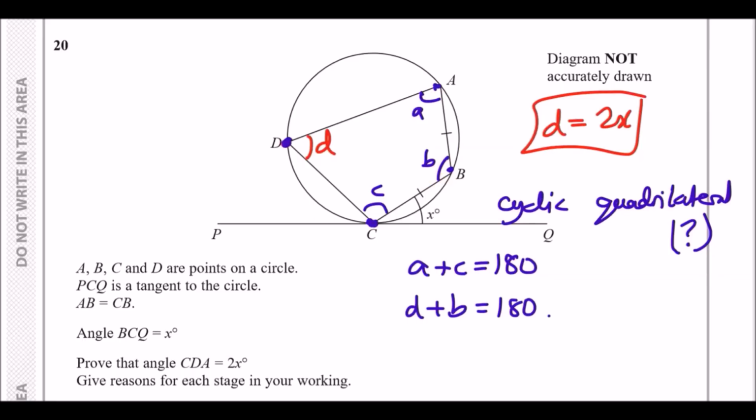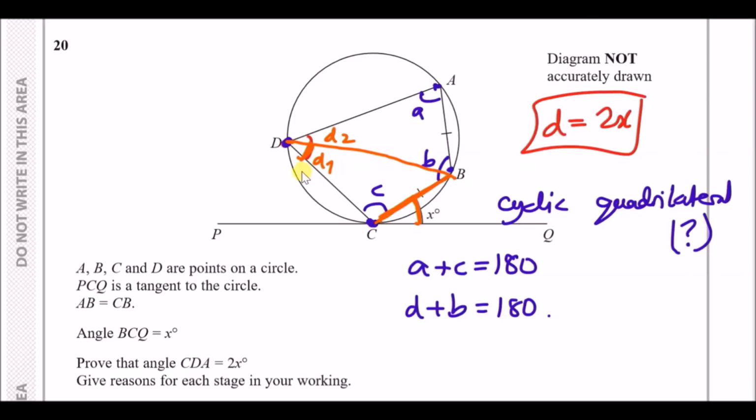Another theorem that is also important to know is the alternate segment theorem. I'm going to write it down. It says that the angle between a tangent and a chord, which is here, this is the chord, is equal to the angle in the alternate segment on the other side of the chord. This only works if it's a triangle, so you have to imagine splitting this up into a triangle. Then this angle here equals part of the angle D. Let's split angle D into two bits, D1 and D2.